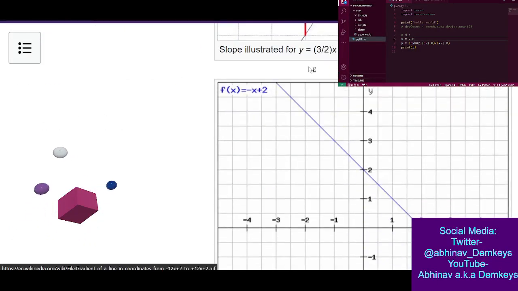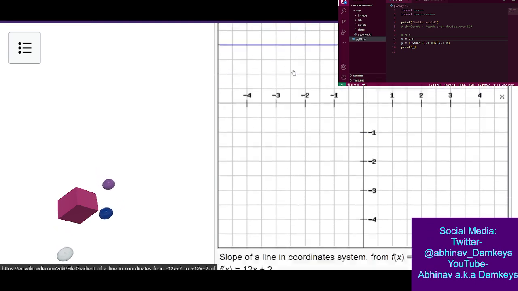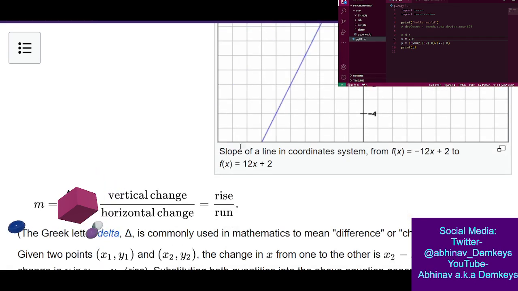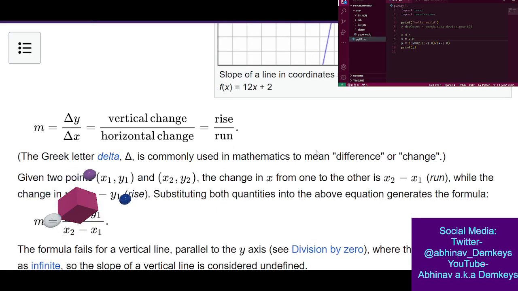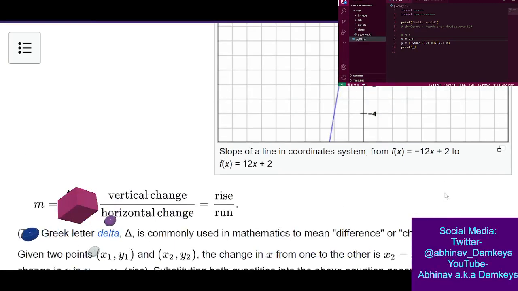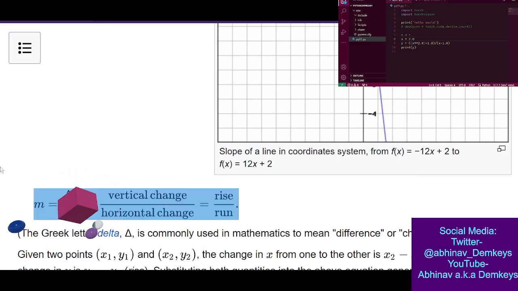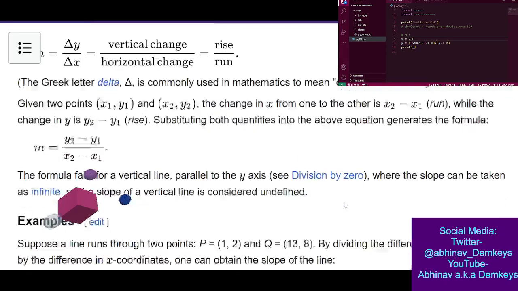It says the slope illustrated for y, and here it says the slope of a line. Well, okay, it says f of x because we are calculating it for y, right? F of x means we are using the value of x. We are passing that into our function. Our function here is this equation. I'm guessing that's what it means.